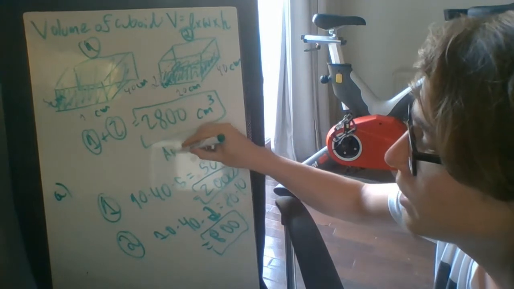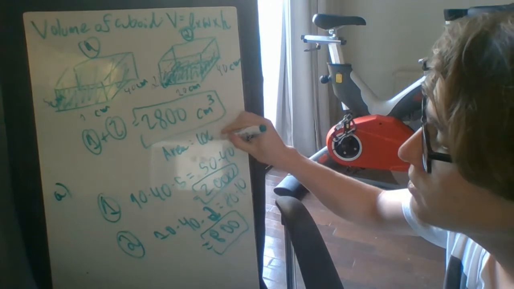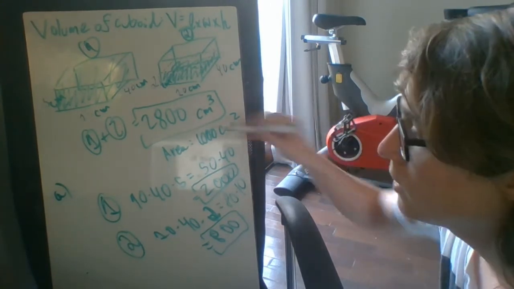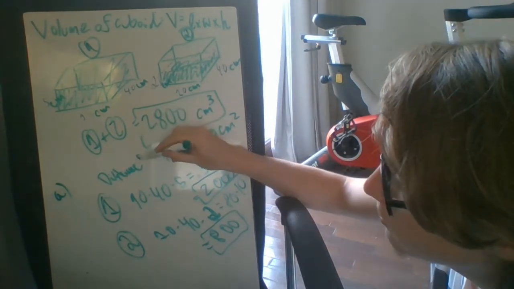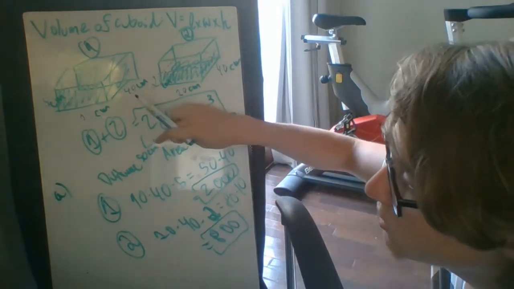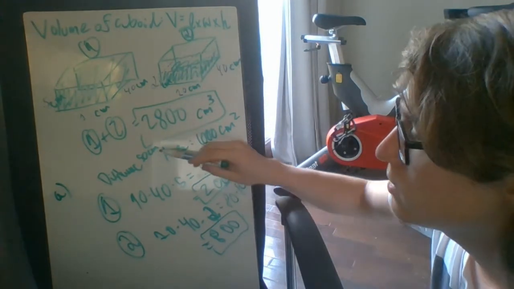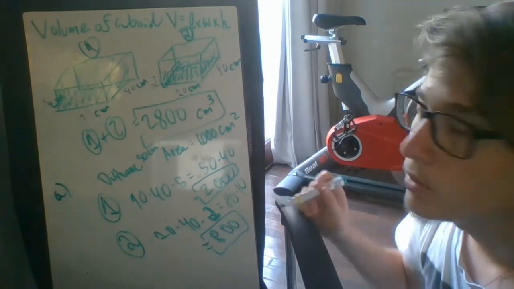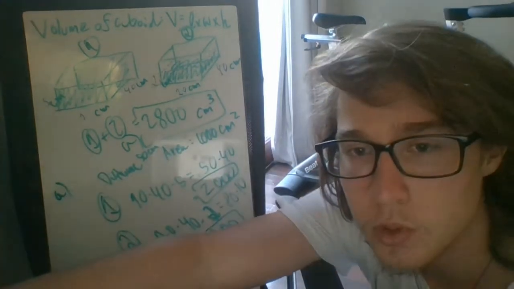If it was area, it would be, say, 1,000 centimeters squared. And when we talk about distance, like 50 centimeters to the power of 1, we usually don't write the power of 1 because it's redundant. So for distance, it's centimeters by itself; for area, centimeters squared; and for volume, cubed. So for part A, the answer is 2,800 centimeters cubed.